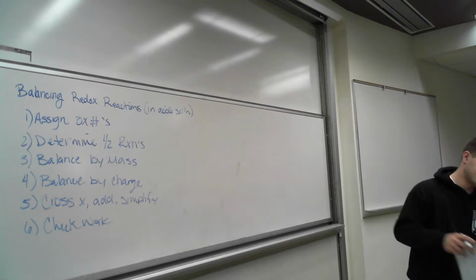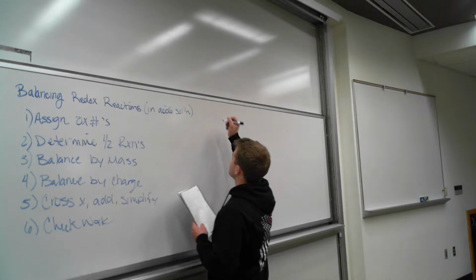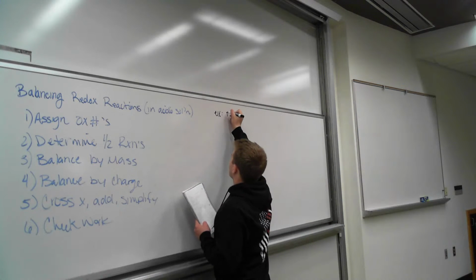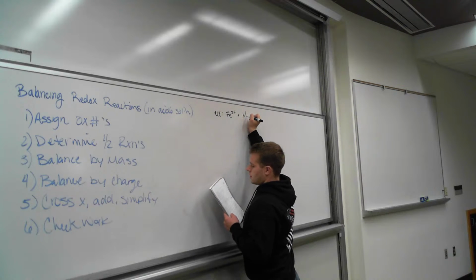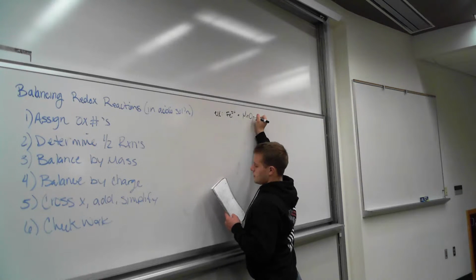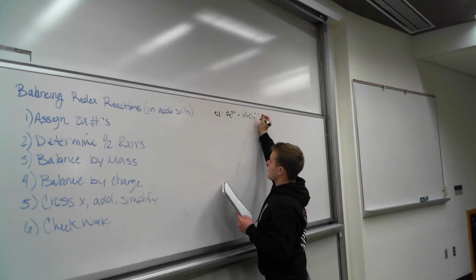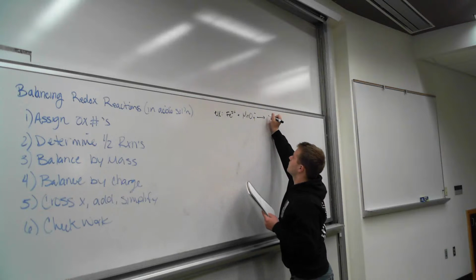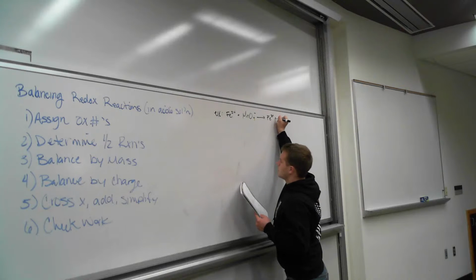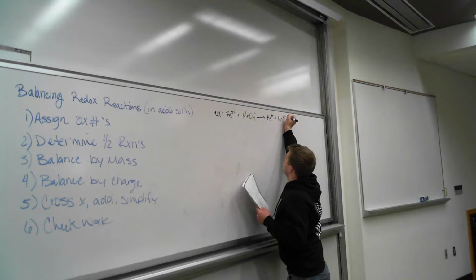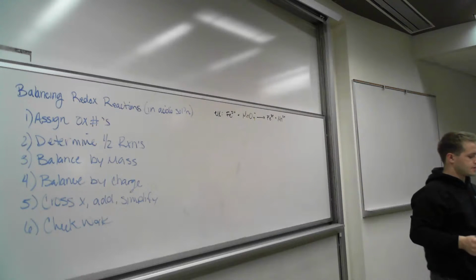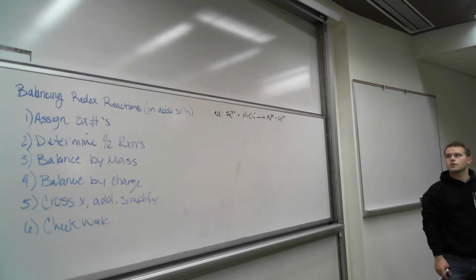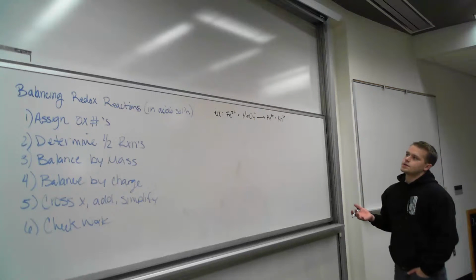If we have iron 2 plus and MnO4 minus, and we are producing iron 3 plus and manganese 2 plus, let's produce the balanced redox reaction for this reaction. Okay. Step 1 is to assign our oxidation numbers.